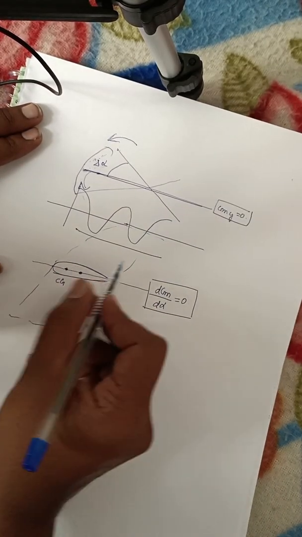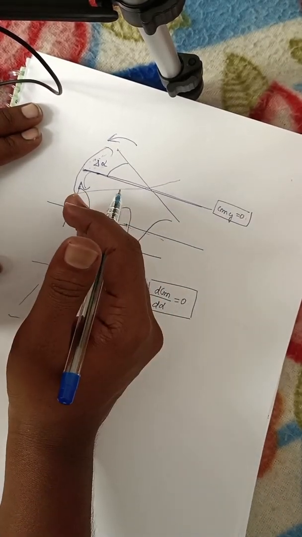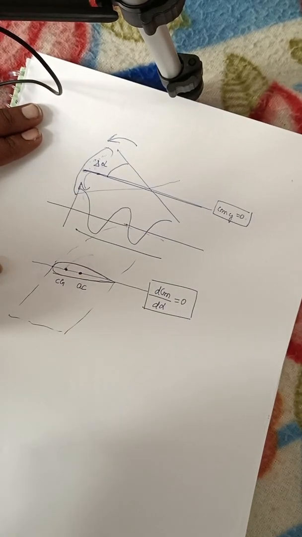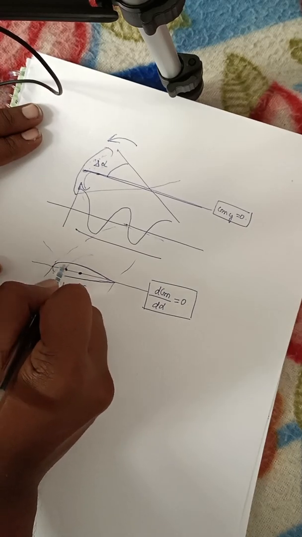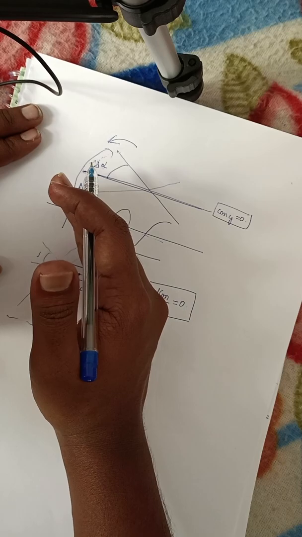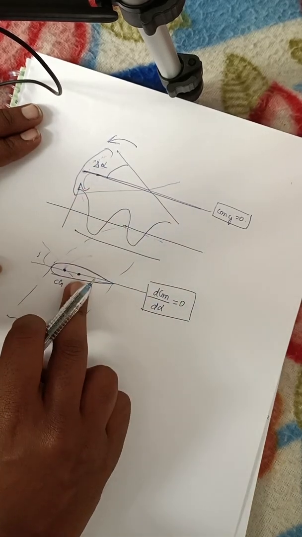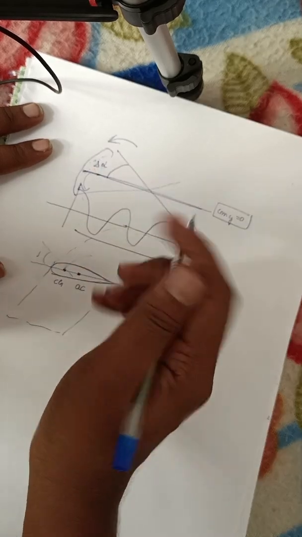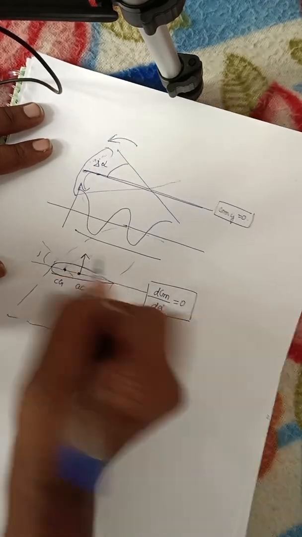Now if there is a disturbance, there is a change in angle of attack. Just assume that this is the aerodynamic center. If there is a change in angle of attack due to some disturbance, what happens here? Due to the disturbance, the lift will be increased. As angle of attack increases, lift increases.